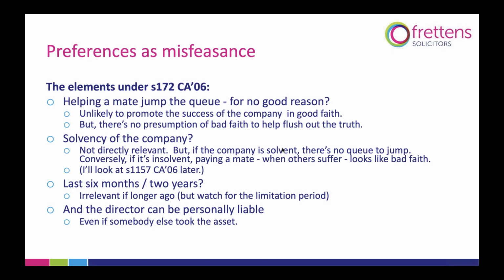You also have to show that the company was technically insolvent. That's the same test as for a transaction at an undervalue. And again, if it's a connected party, it's easier, but you still need evidence. And you, again, have to show that this was within a recent period of time before the company became insolvent: 6 months if it's a party who is not connected, and those claims, of course, are very rare, but 2 years if it's a connected party claim.